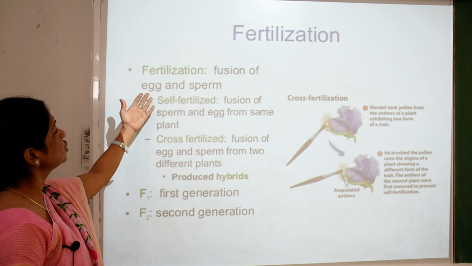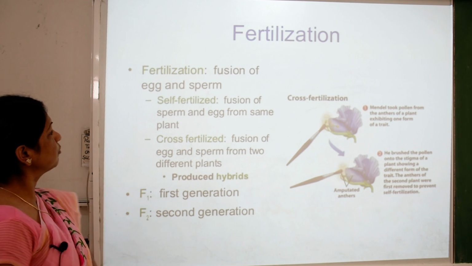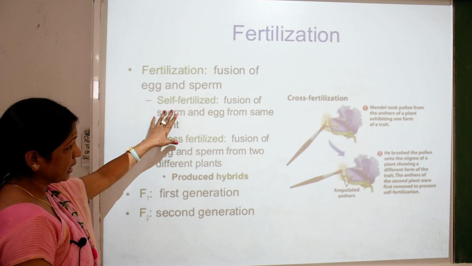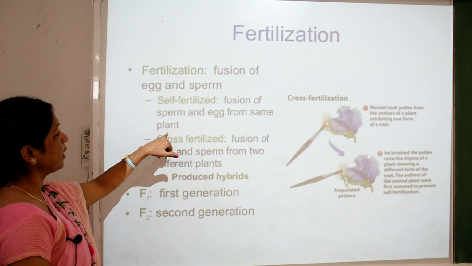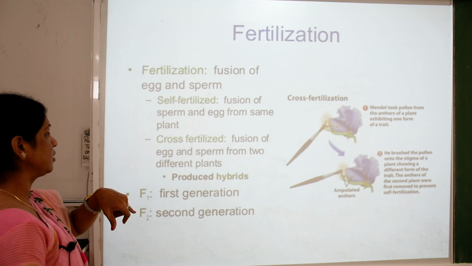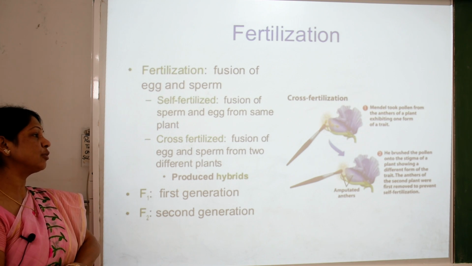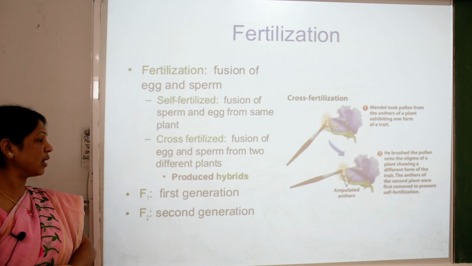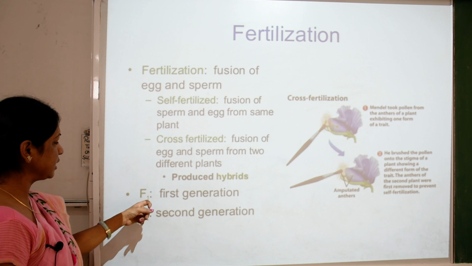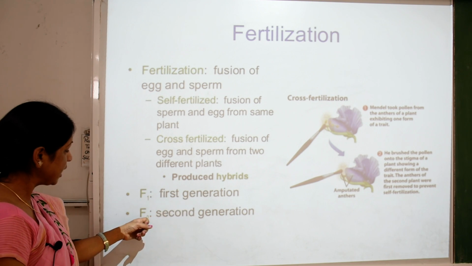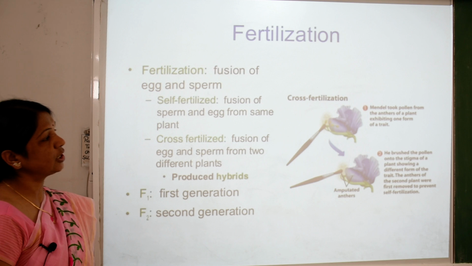Fertilization means fusion of egg and sperm. Self-fertilization is fusion of sperm and egg from the same plant. Cross fertilization is fusion of egg and sperm from two different plants, producing hybrids: F1 first generation, F2 second generation.